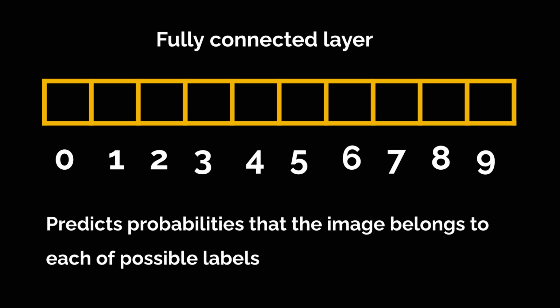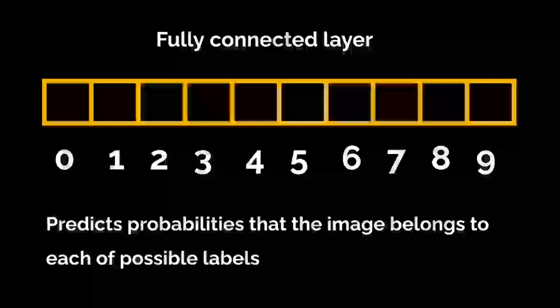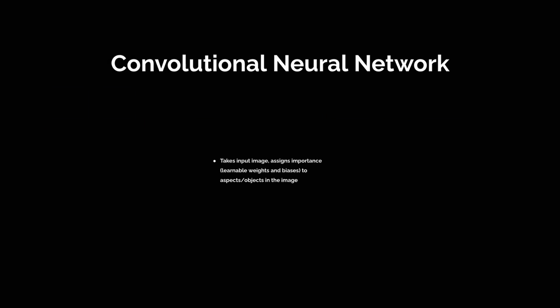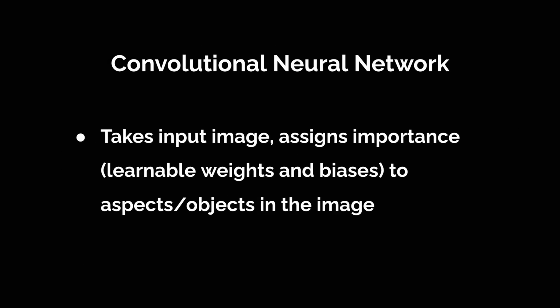And the result of this neural network is going to be the probability that the image belongs to a certain class. Typically, one will have the highest probability, such as if the image is a cat, then the element that represents the cat will have the highest probability score. Of course, that's assuming that your neural network learned correctly. So overall, the convolutional neural network will take an input image.